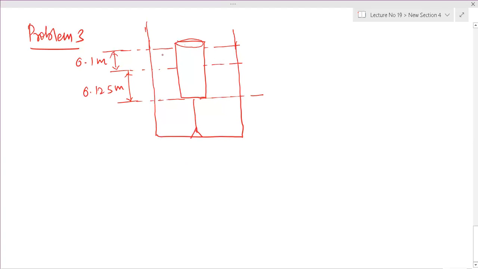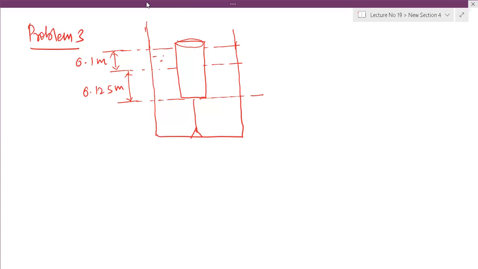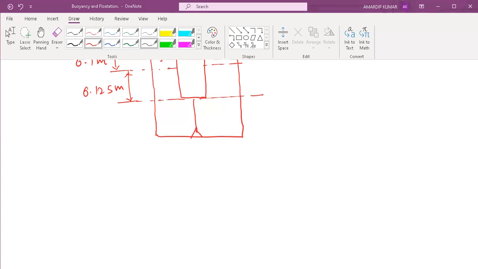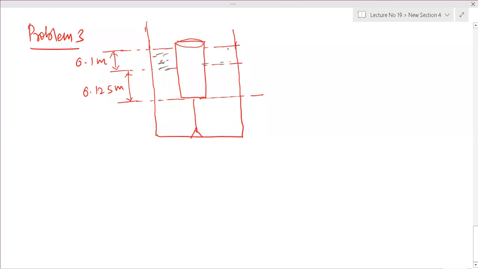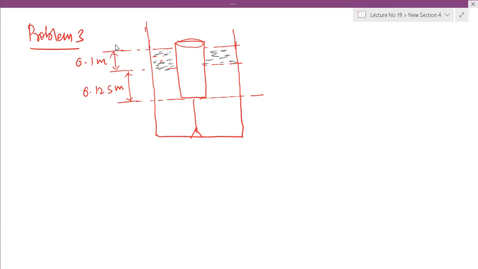And you have one fluid here, and here you have another fluid.